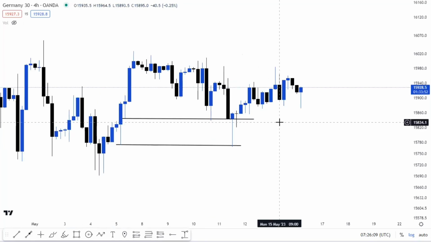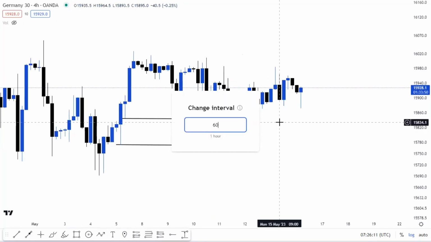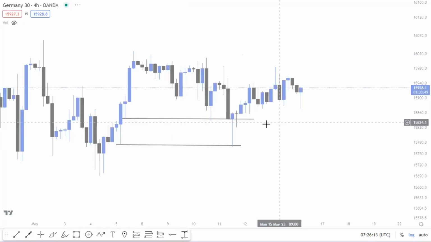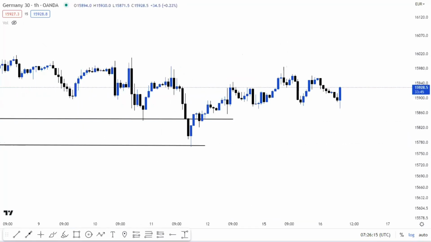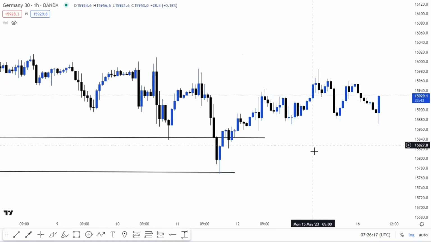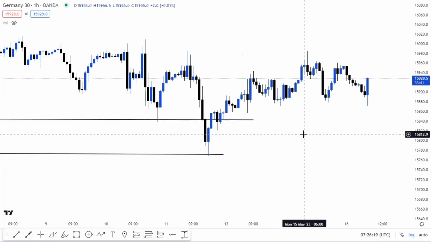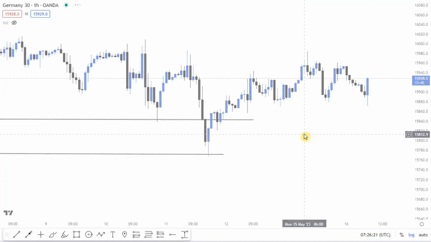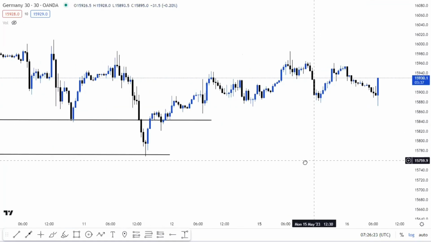All right, so now we're going down to the 1 hour time frame so that we can get things a little clearer. On the 1 hour, I think I'll prefer to use the 30 minutes time frame because it has more details.